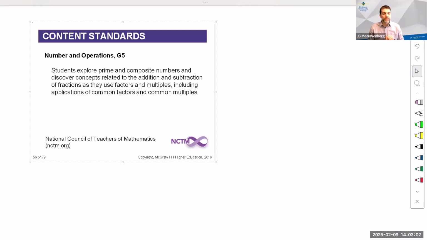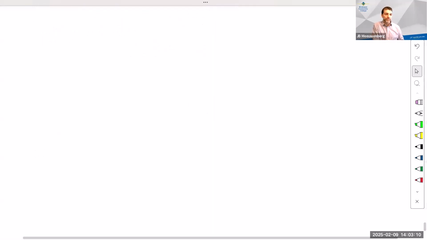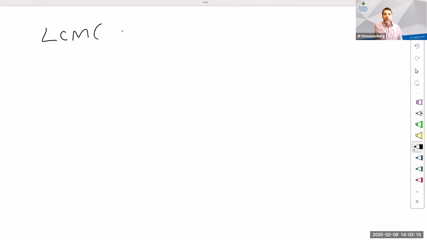Okay, so let's get back to an example here. We're going to find the least common multiple of 198 and 210. And what I want you to do is start by doing your factor trees.